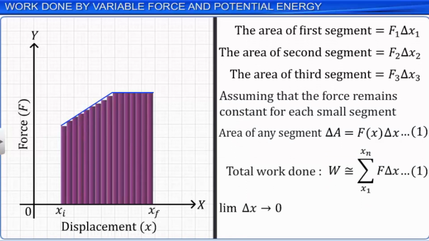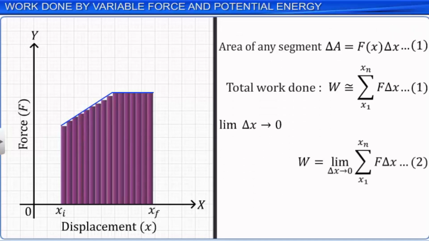And the total work done is calculated as W is equal to sigma of F delta x between the limits x1 to xn, as the limit of delta x tends to 0. Let this be equation 2.